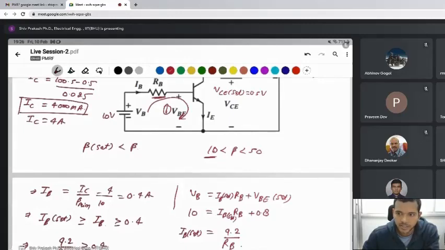Student: I am confused, sir. I considered 50 beta, and that's why my resistance comes to 115 ohm, sir.